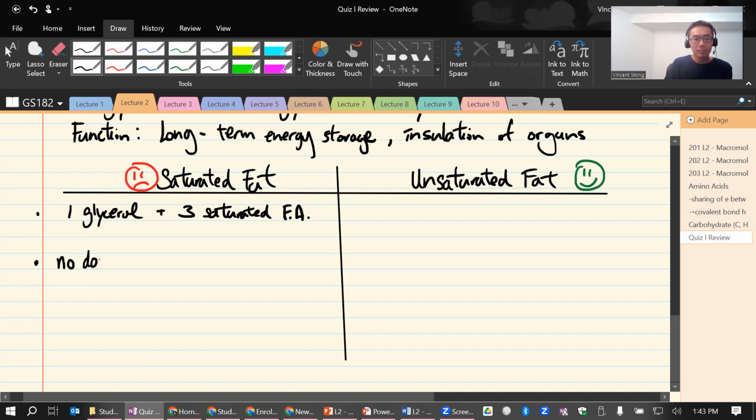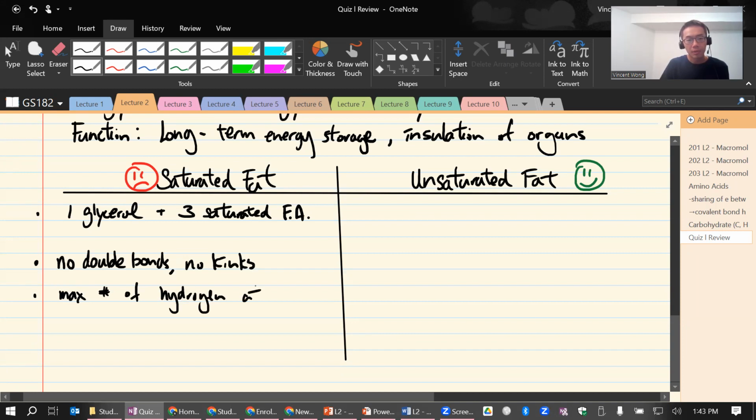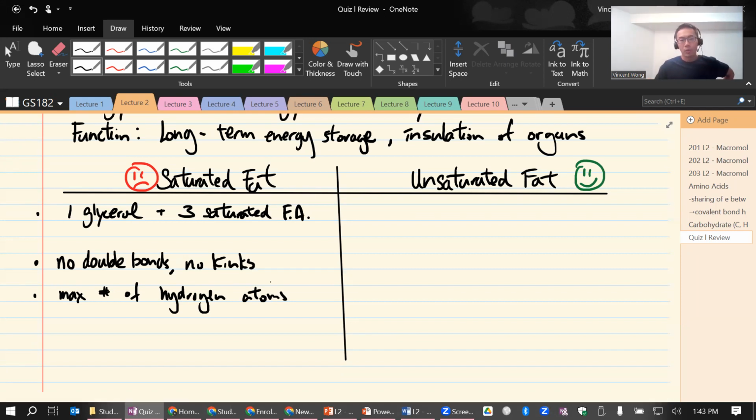No double bond, no kinks. Kinks are like bends, right? No sharp turns. And they are bound to the maximum number of hydrogen atoms. No more space. That's why they're called saturated. You can't fit more hydrogen, even if you wanted to.